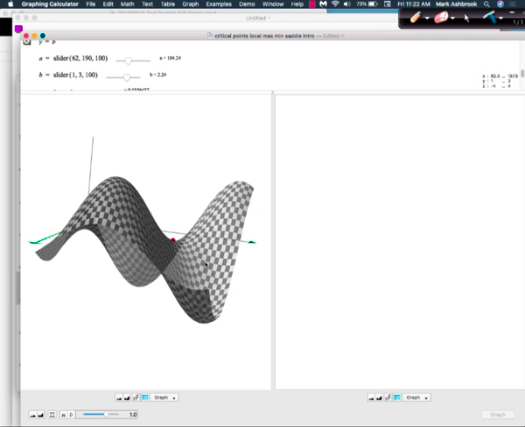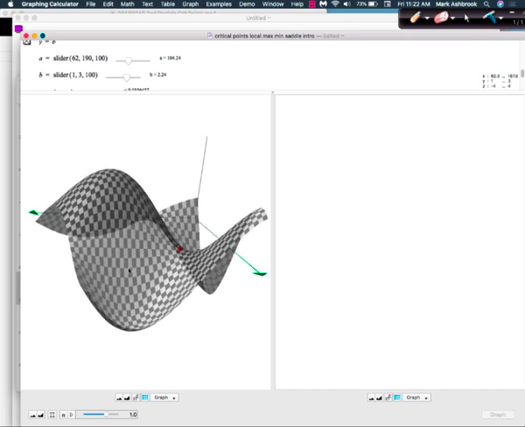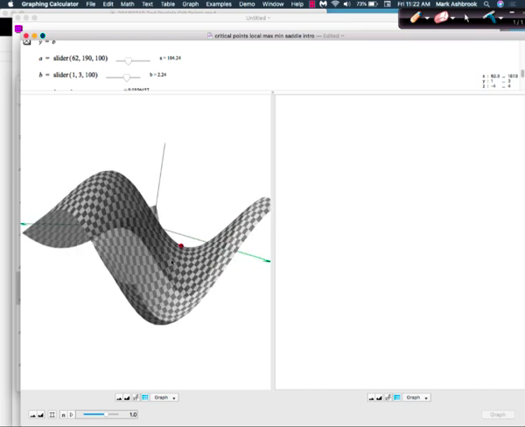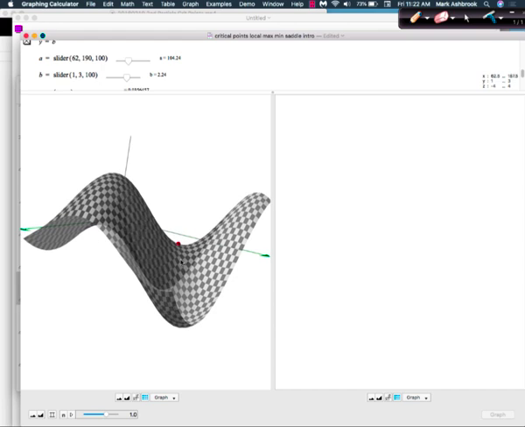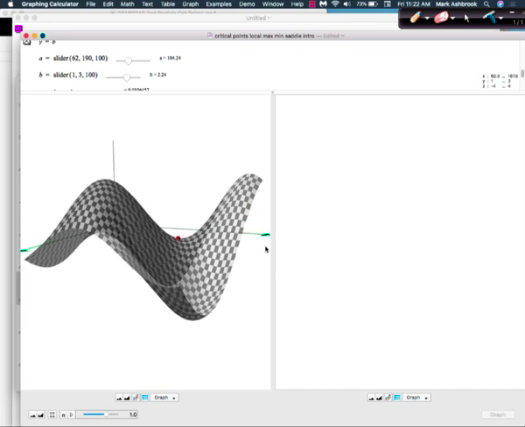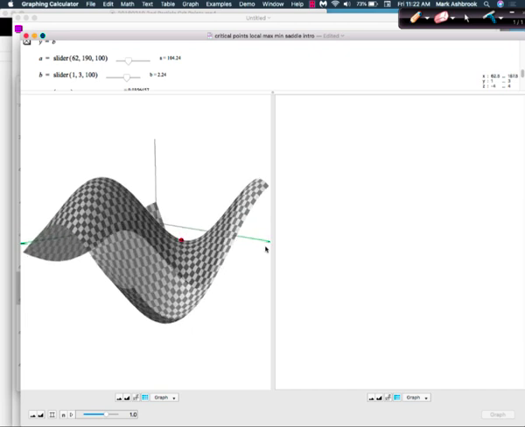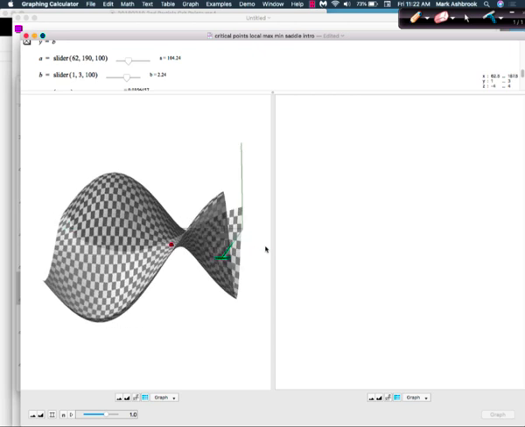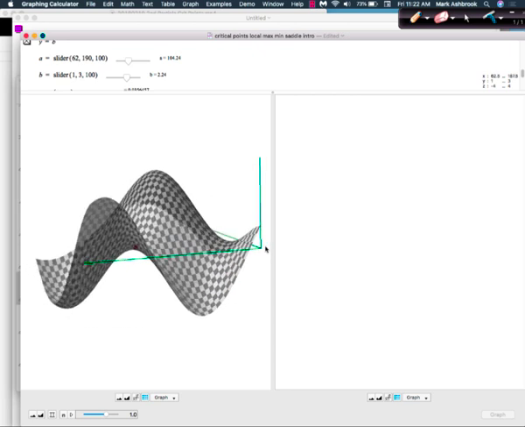Is it a local max or a local minimum? Is it a max or a min? It's tough. So what is it? Is it a local max or a local min?